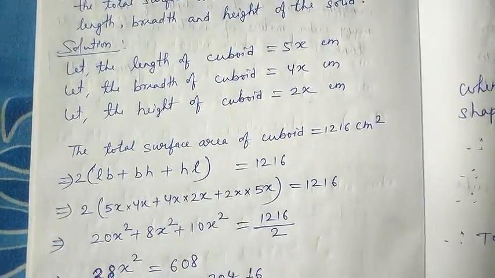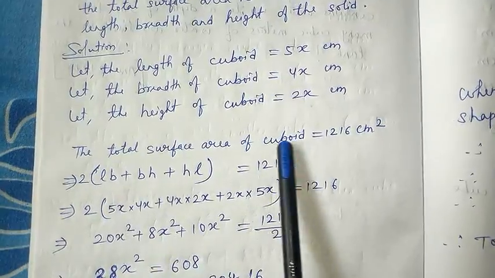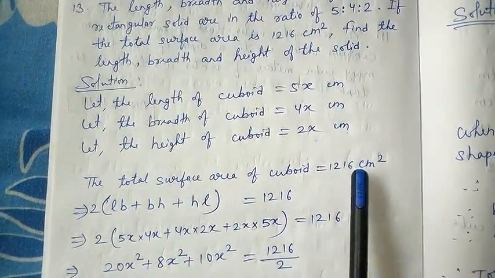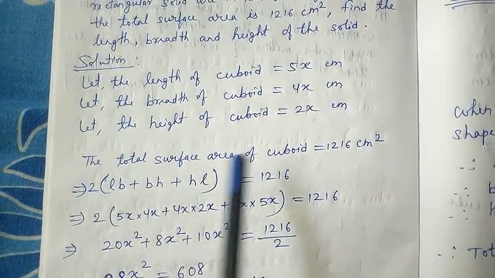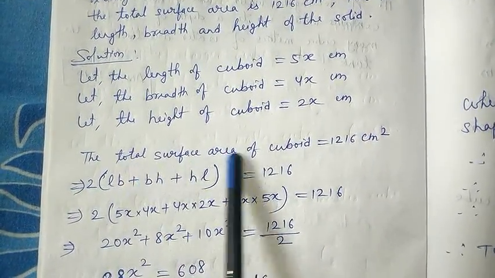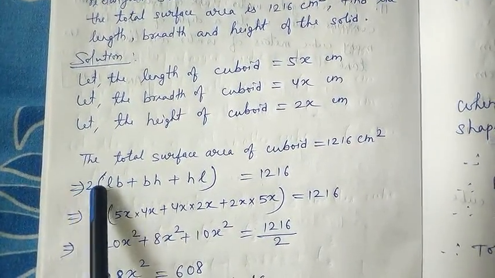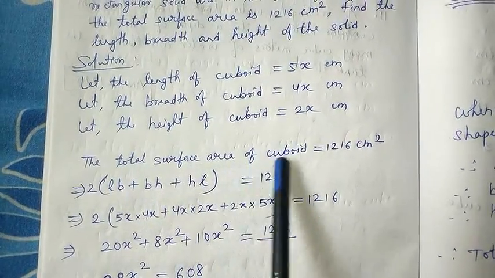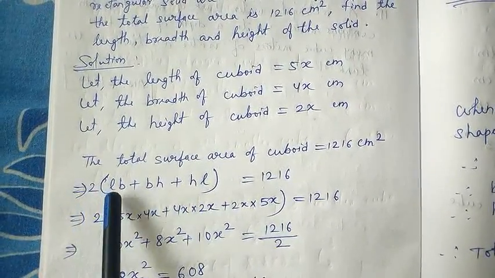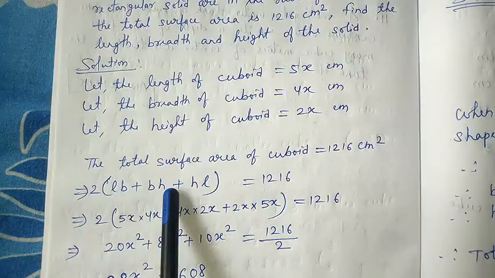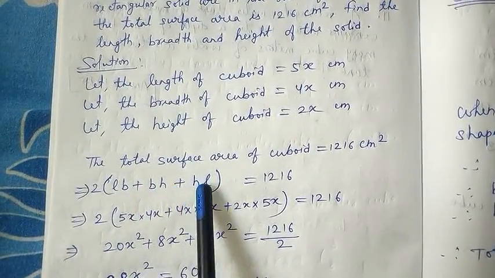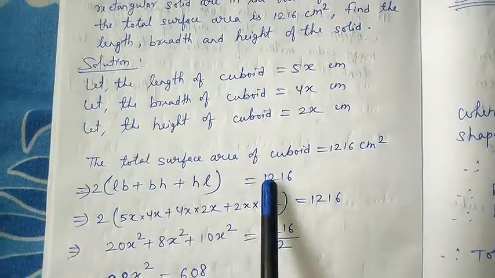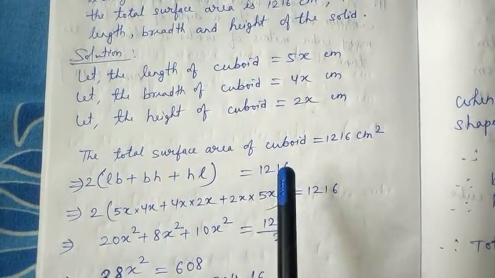Now next, the total surface area of cuboid is 1216 centimeter square. So it is given in the question. Now whenever the value of any formula is given, in the next step I can apply the formula, and the total surface area of cuboid is 2 into (LB plus BH plus HL), equal to the value of the surface area.